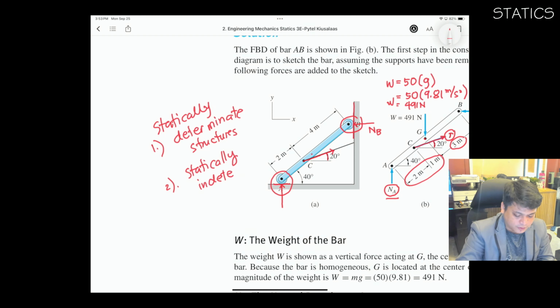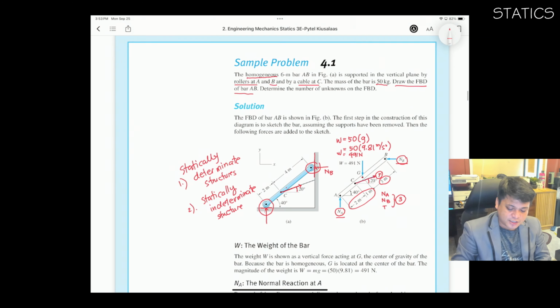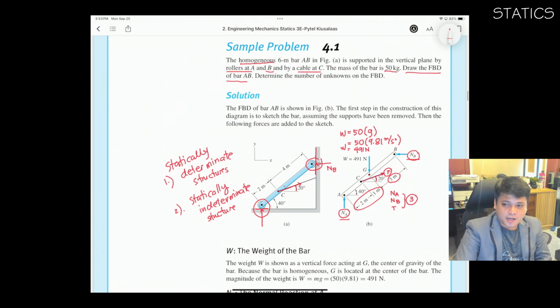Okay? Indeterminate structure. Okay? So, itong mga structures na to, again, they are not solvable by simple statics po. Okay? So, that's it for the sample problem 4.1, and we'll proceed with another example.